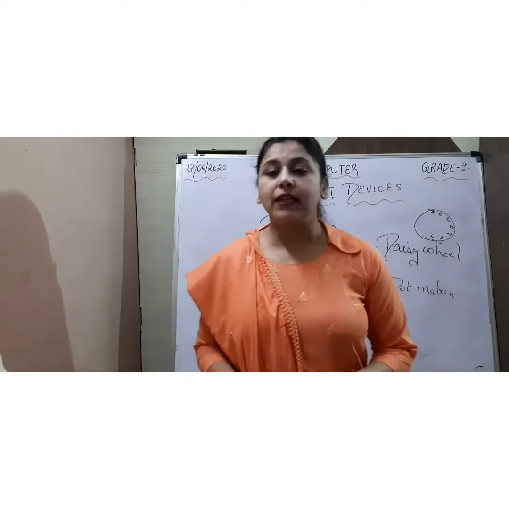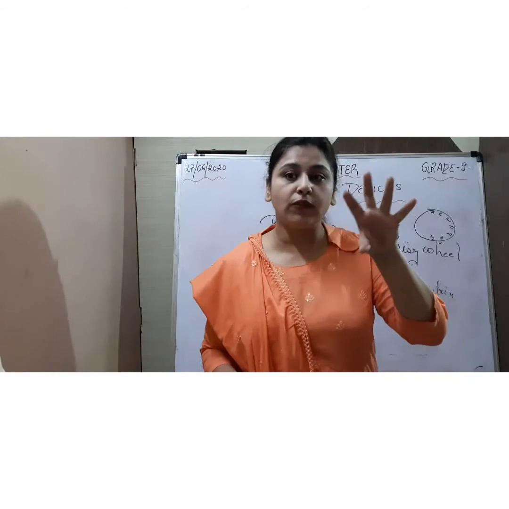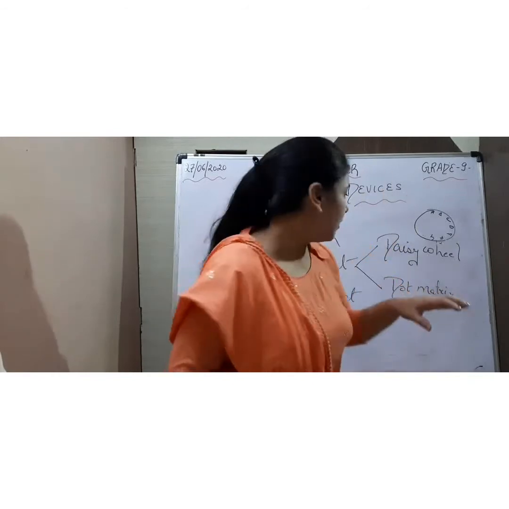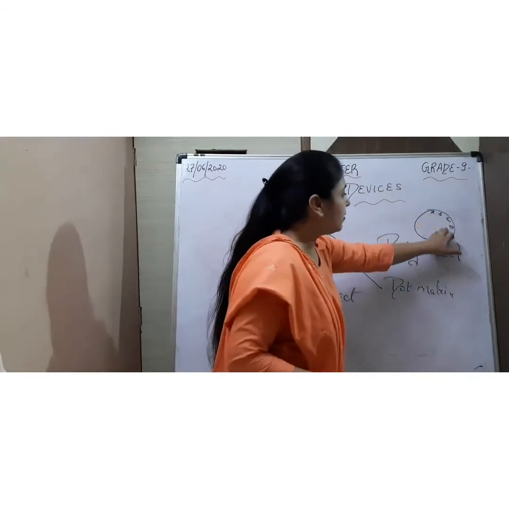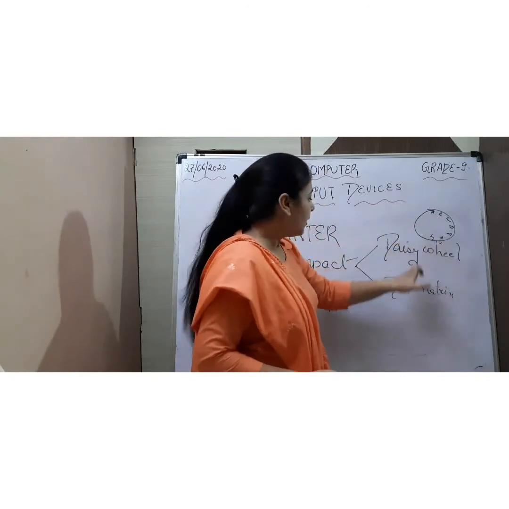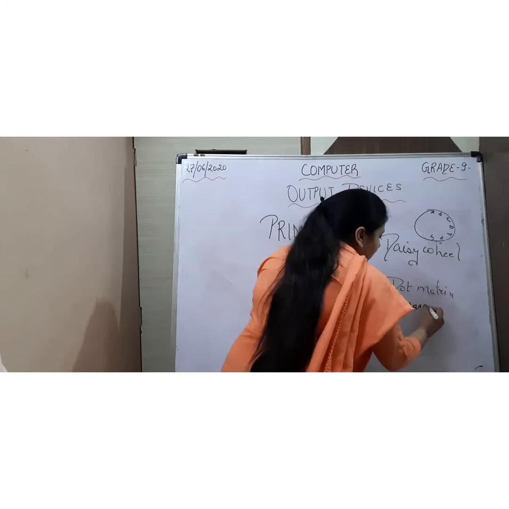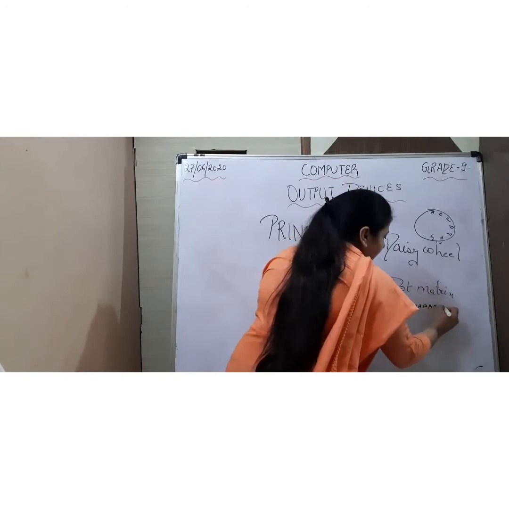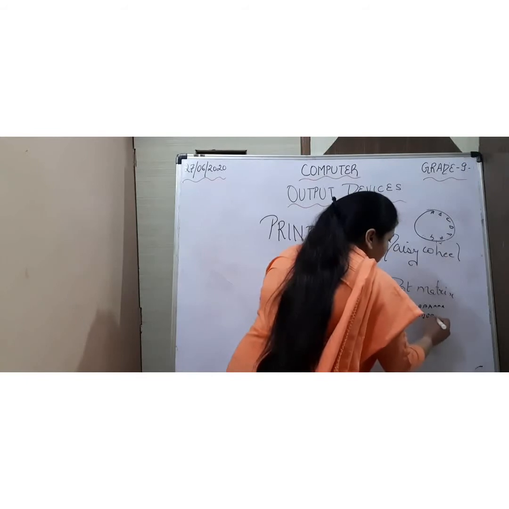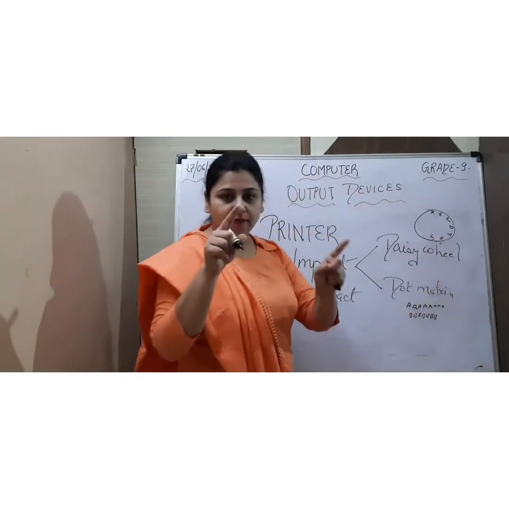The printer has 9 to 24 pins on the print head. Now in the daisy wheel, A, B, C, D, E, F, G is engraved. In dot matrix printer, the complete line is there for A, then B, B, B, B, B. Okay, so in dot matrix printer, what happens?